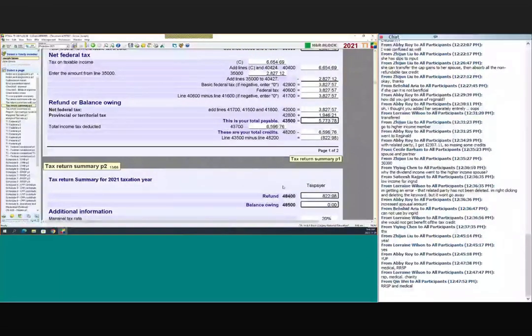You'll also notice that there's no claim for his wife because her income is too high, right? So he can't claim anything for her. So his refund is $822.98. Let me know in the chat if those of you who did it were able to get that refund.